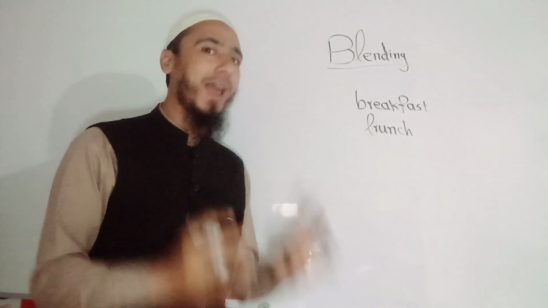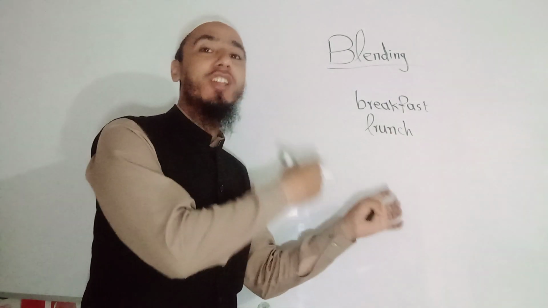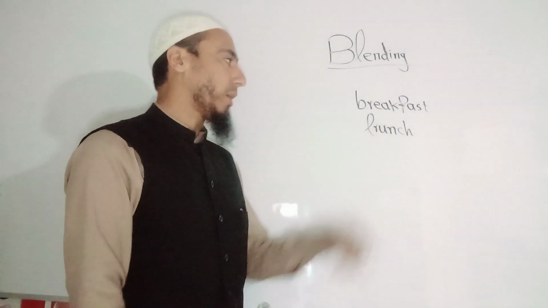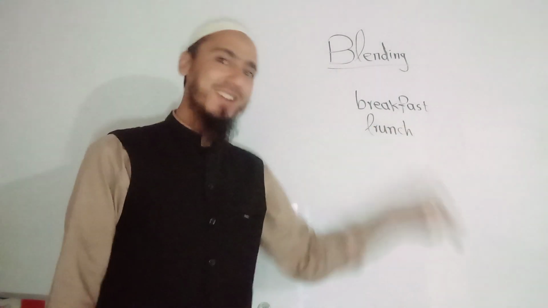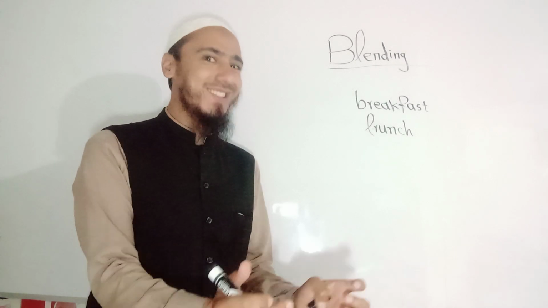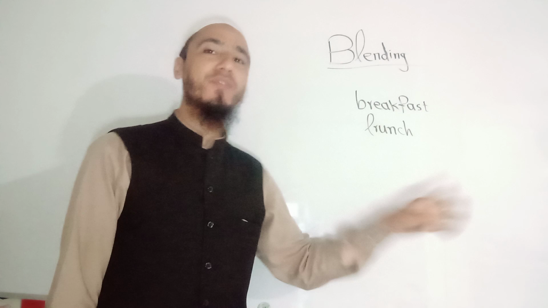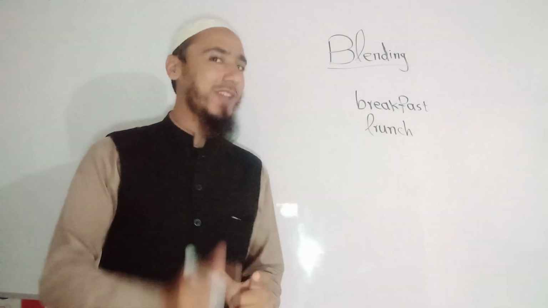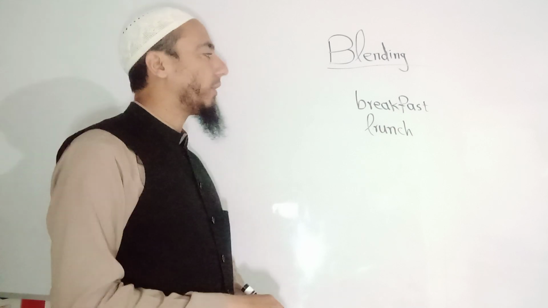As I told you, blending is taking the first part of one word and then taking the ending part of the next word. When we join these two parts, the beginning of the first word and the ending of the other word, a new word is formed with a new meaning.